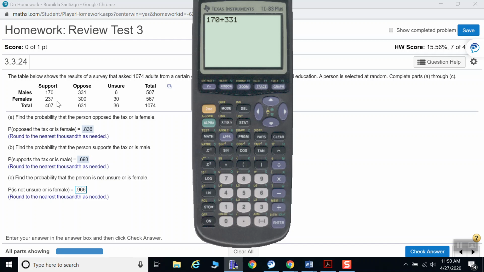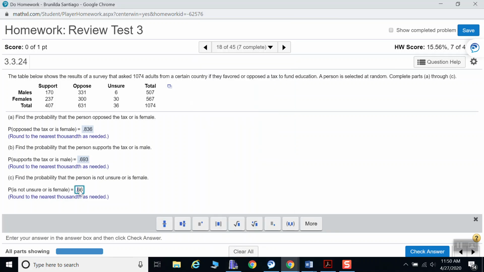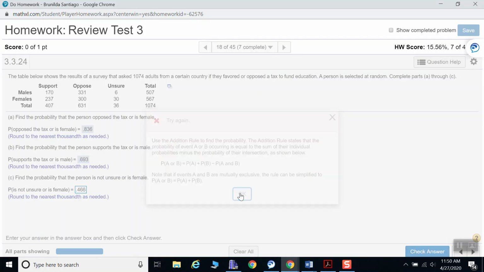So if I just focus on male support and male oppose, I don't have to subtract, as those two are mutually exclusive, and then I just add them and divide by the total. The statement of this question can tend to be confusing because it's not unsure, and we need to imply that it's also not female. So let me double check my theory on this one.